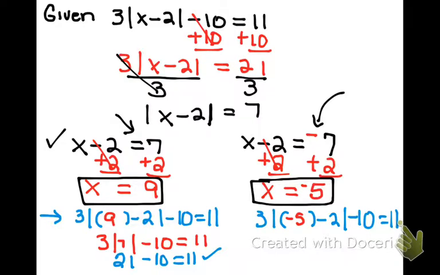Then we'll go over to the right, and you'll see that we have -5 minus 2, so that's really -7 in the absolutes. Minus 10 equals 11. But when I take out that -7, it's really a positive. So +7 times 3, we still get 21 minus 10 equals 11. So that one is also true.